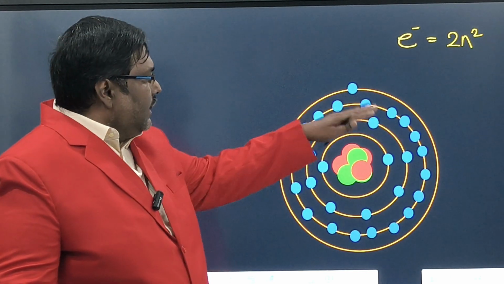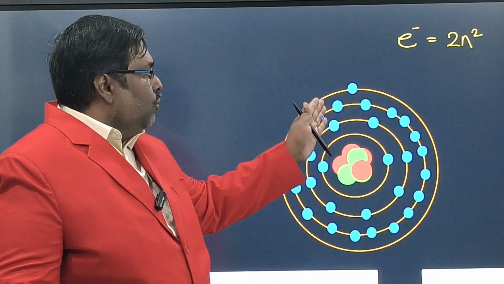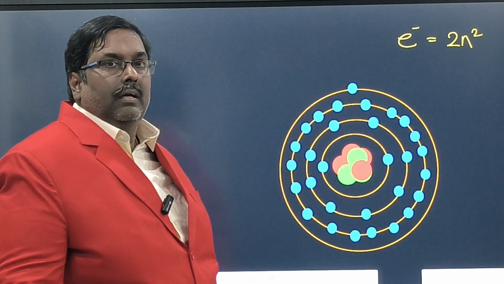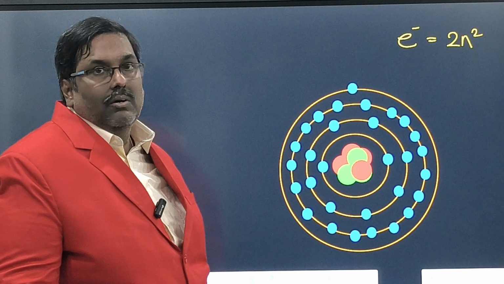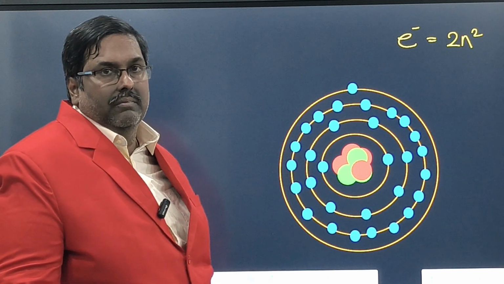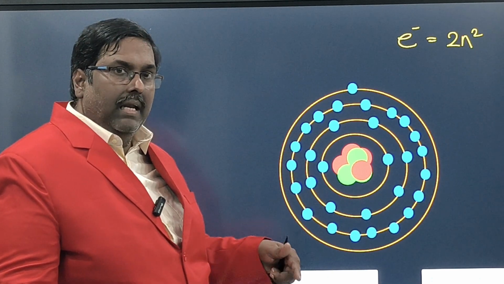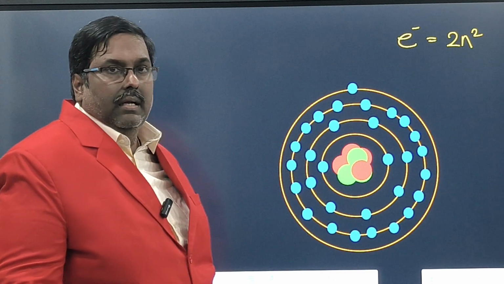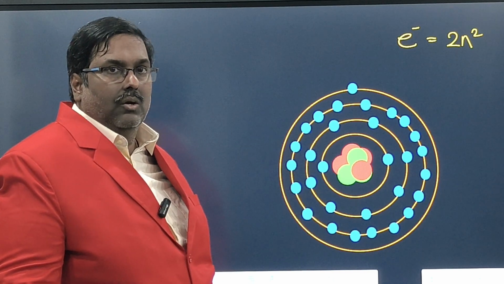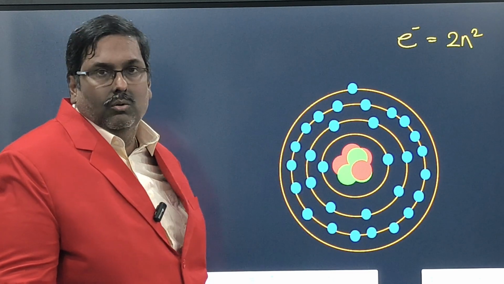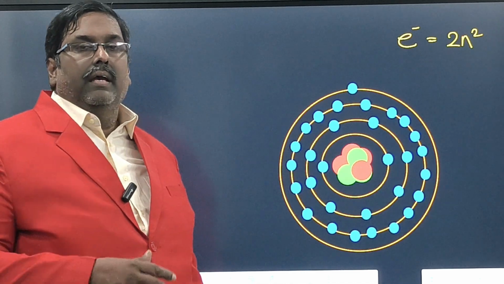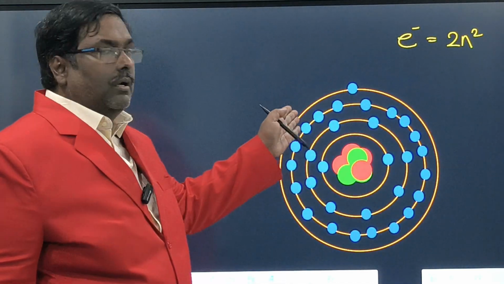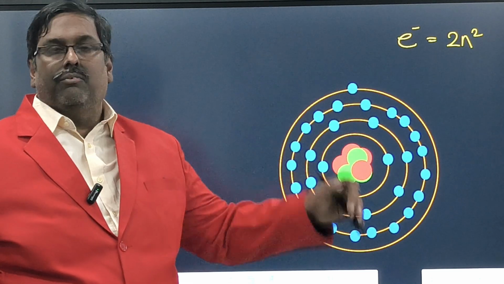If it moves to the other atom, what will happen? That atom will receive it, but it will not keep it because it will become more negative. So to balance, it will push another electron. It has one electron already in the outer orbit, it will push that electron outside. In that way, if you start pushing, the electron will keep on moving from atom to atom.